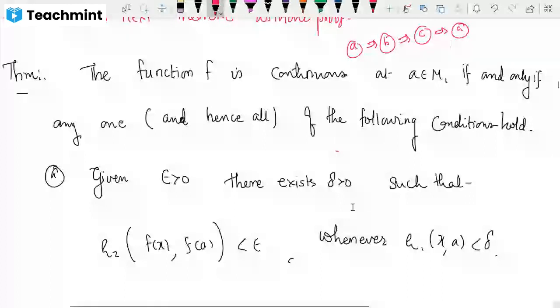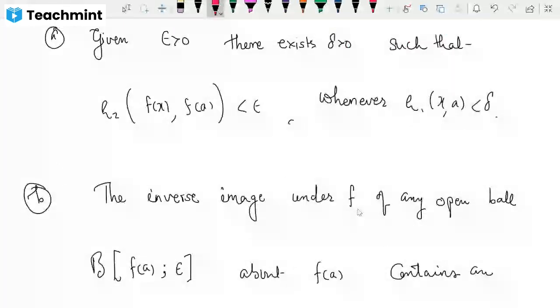Given epsilon greater than 0, there exists delta greater than 0 such that, for given epsilon greater than 0, this is the regular definition of continuous function at a, that is, the limit of f(x) as x tends to a should be equal to f(a).